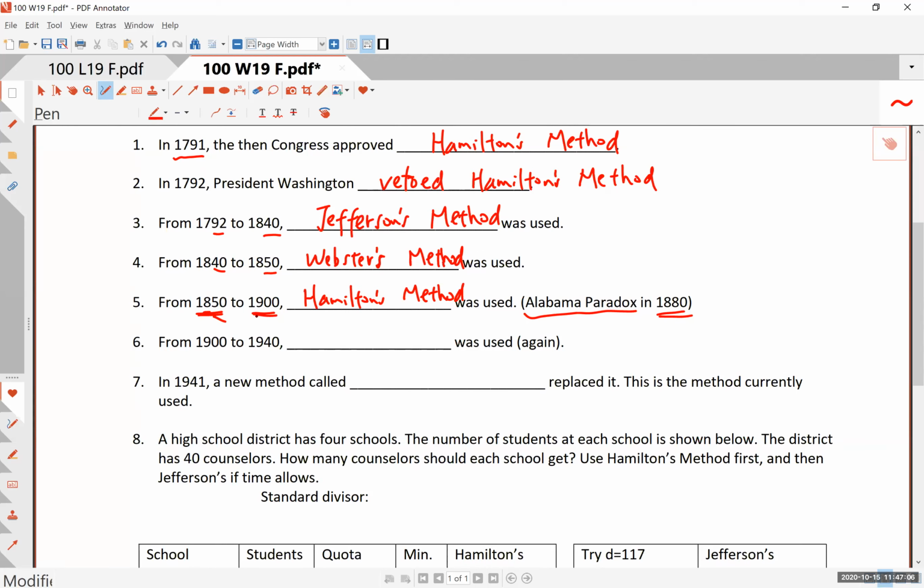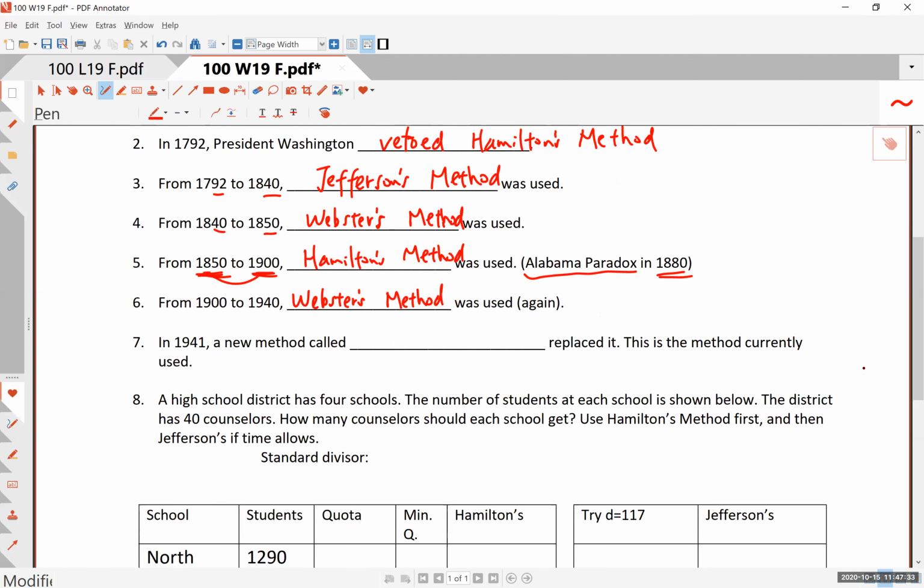So they realized, hey, something is wrong, we really should fix this. They abandoned Hamilton's method in 1900, and went back to the previous method, due to Webster. So Webster's method made a comeback also, and it was used for about 40 years.